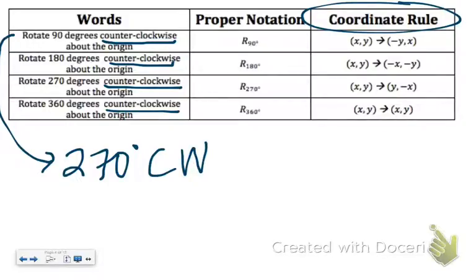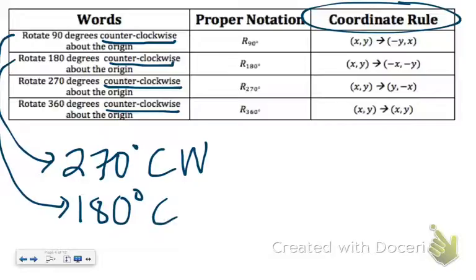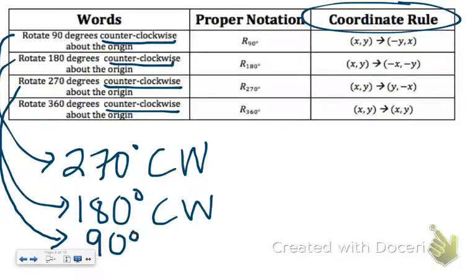Rotating 180 degrees counterclockwise is the same as rotating 180 degrees clockwise. And finally, rotating 270 degrees counterclockwise is the same as rotating 90 degrees clockwise.